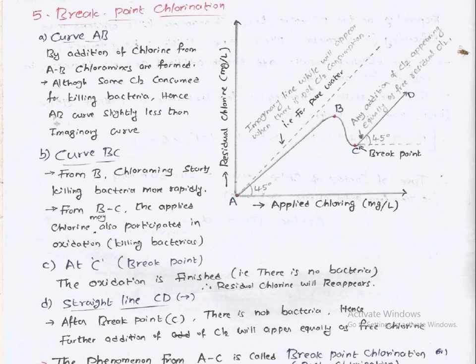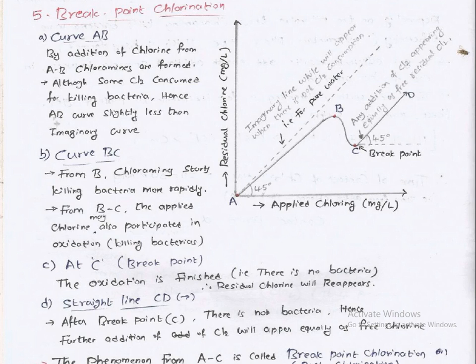The imaginary line will appear when there is no chlorine Cl2 consumption, that is, for pure water. Any addition of chlorine Cl2 appears equally as free residual Cl2. Breaking point A, B, C, D, 45 degrees, clear.